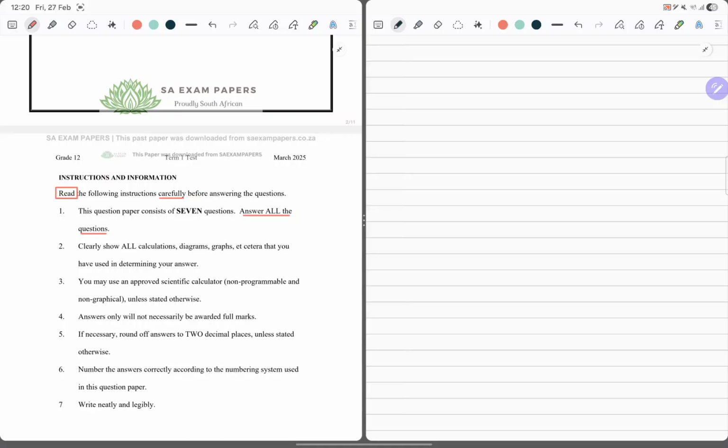We know that these provincial papers are notorious for mistakes. And as a result, students may need to be given marks. But remember, if you did not attempt the question, you don't get those marks that are given to those who will get those marks. Okay, sometimes these are some of the things that sink your great mark that you could have got, but because of not adhering to instructions, you end up losing those marks.